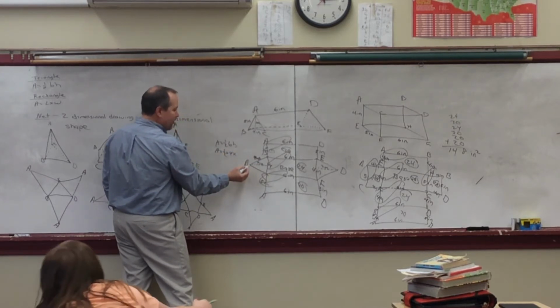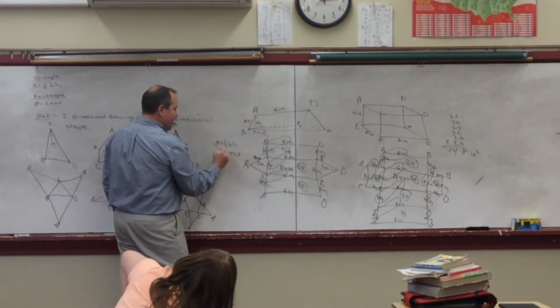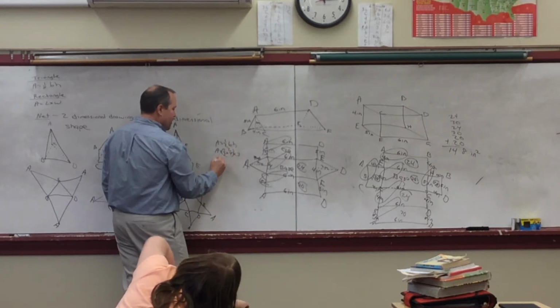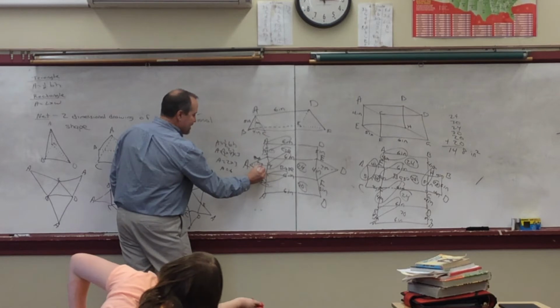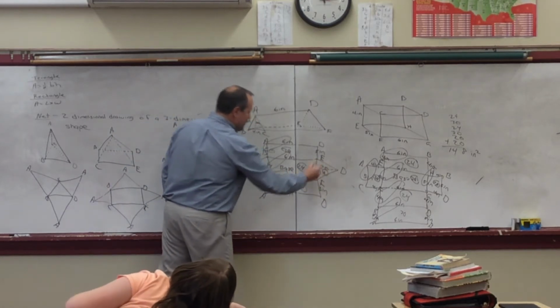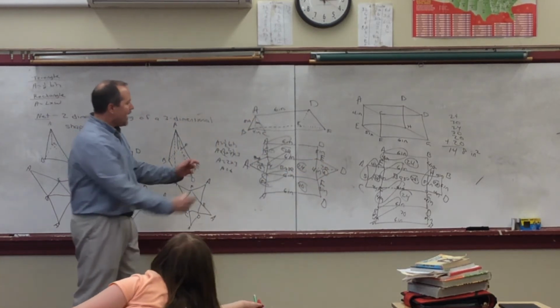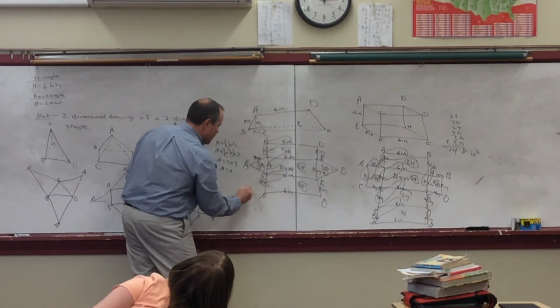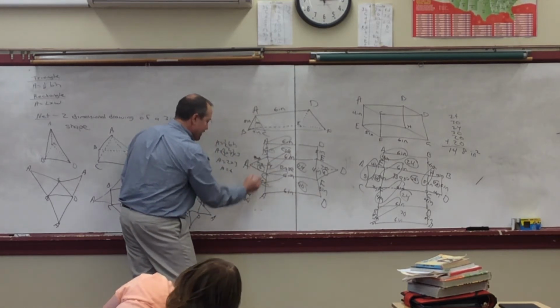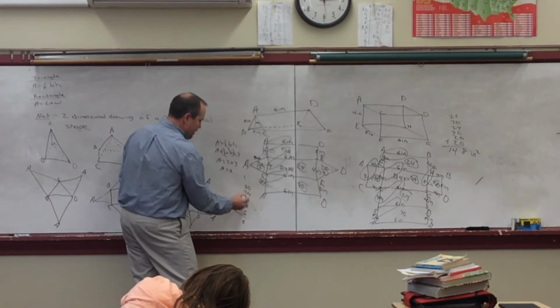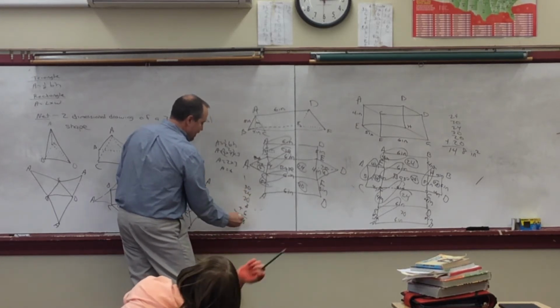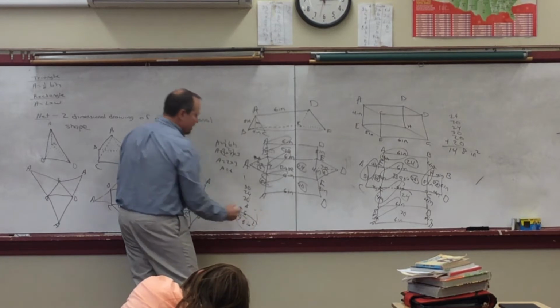My height is 3. 1/2 times 4 is 2. And now I have 2 times 3, which gives me 6. So this is 6, and this would be 6. And so now I add them up. 30, 24, 30, 6, and 6. It'll be 96 inches squared.